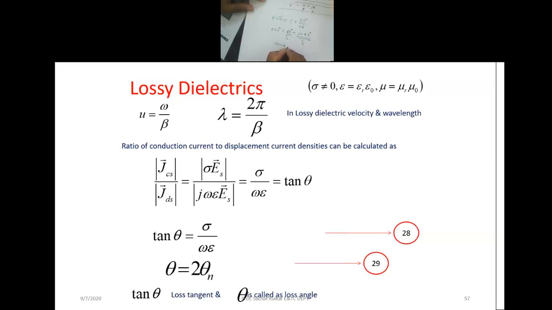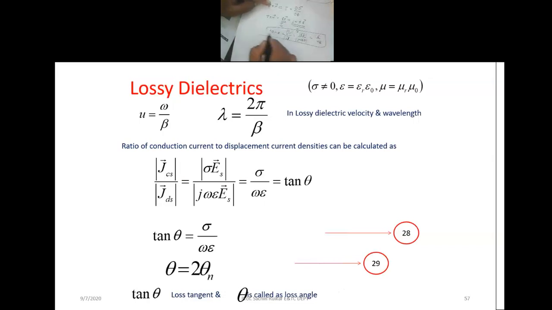Tan theta is equal to conduction current density divided by displacement current density, which is sigma E divided by j omega epsilon E. We can solve this equation: E gets cancelled, and approximately the j is cancelled, so tan theta equals sigma by omega epsilon.